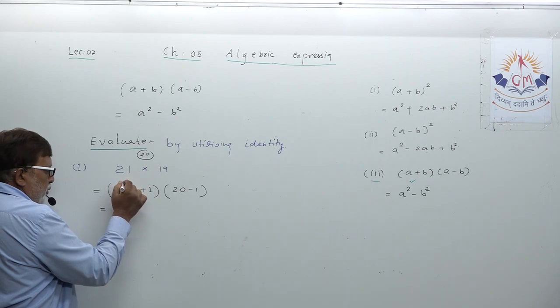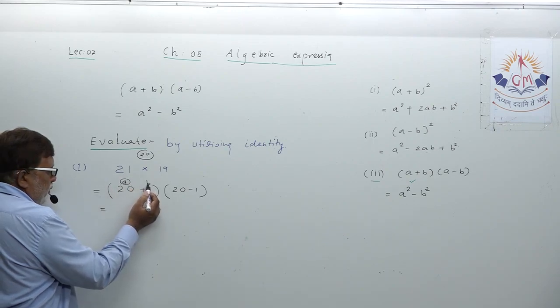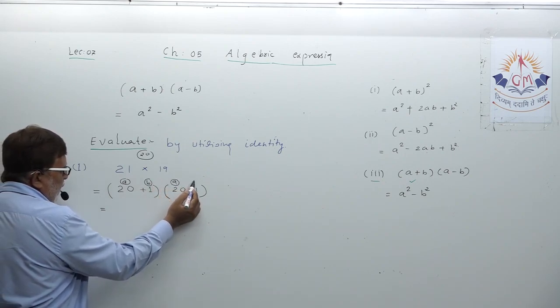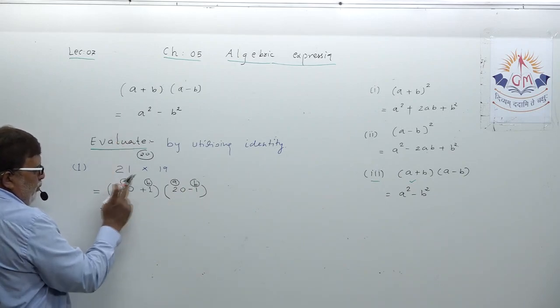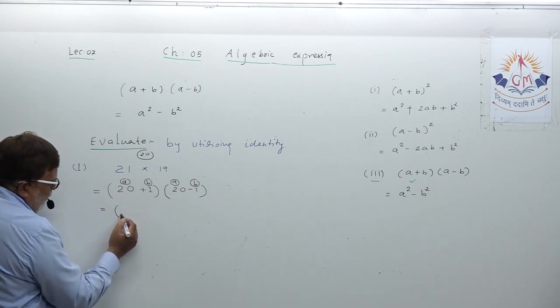So you have to consider 20 as A, 1 as B. You know the format: A plus B, A minus B, equals A square minus B square.